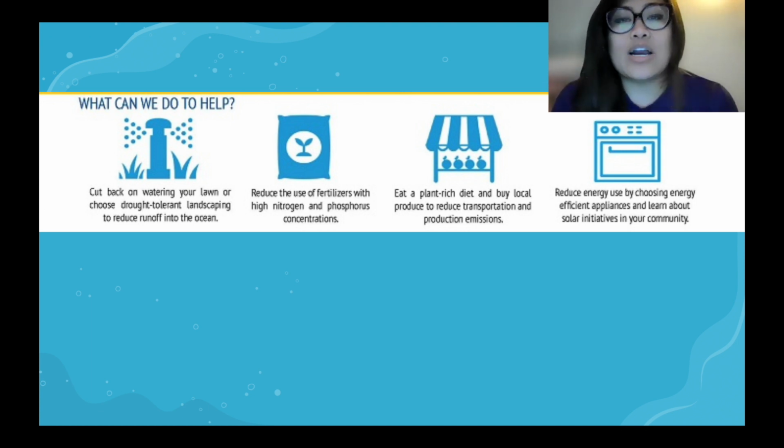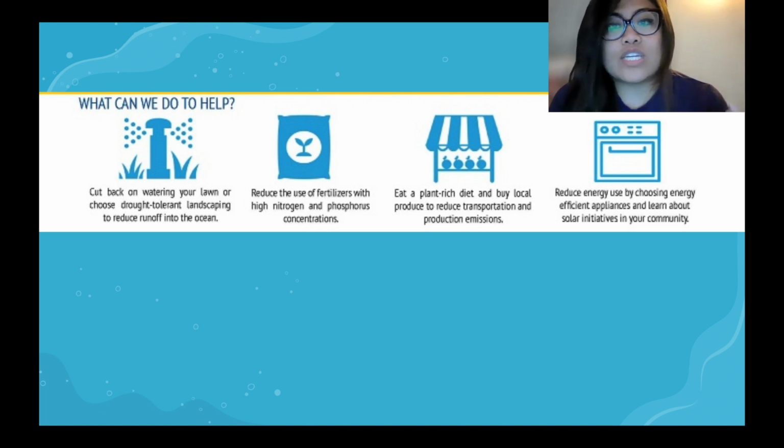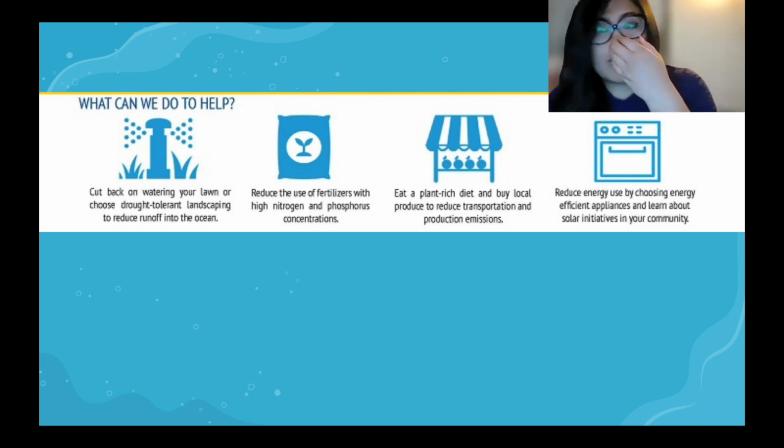Because actually, I love meat, but eating meat on a large scale actually produces a lot of carbon dioxide, because all the farms that have all the cows and all the chickens and all those animals produce so much carbon dioxide.